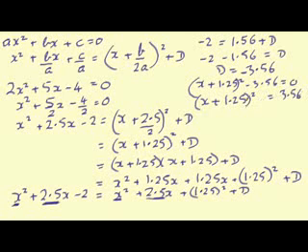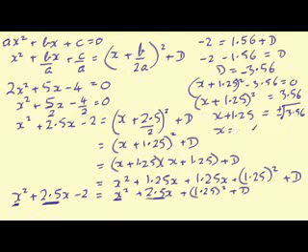Okay, now we're in a position to take square roots. The square root of x plus 1.25 all squared is x plus 1.25, and the square root of 3.56 is plus or minus the square root of 3.56. Don't forget the negative root.